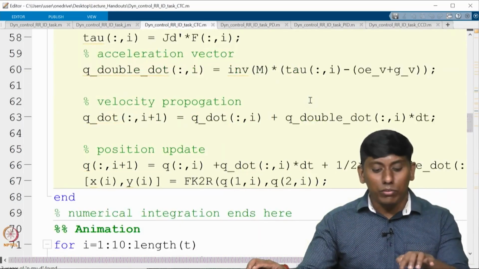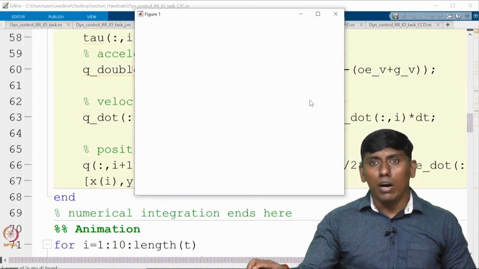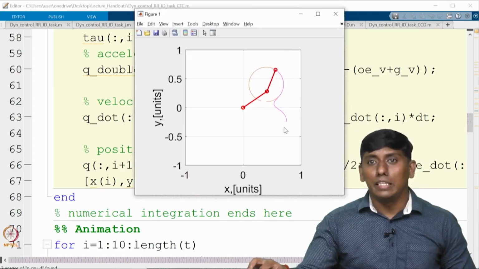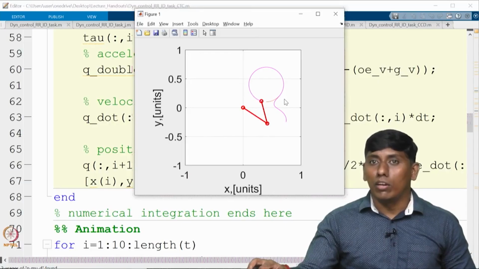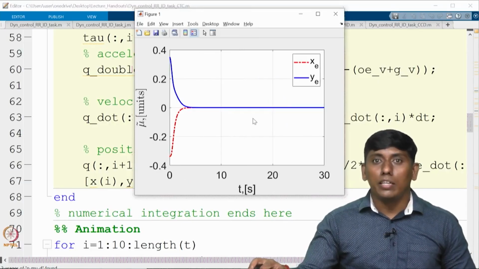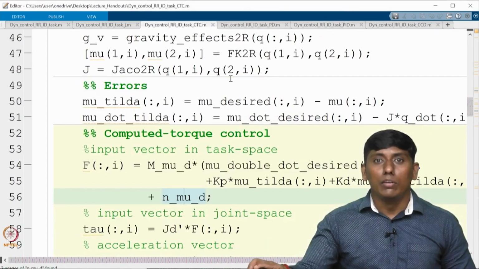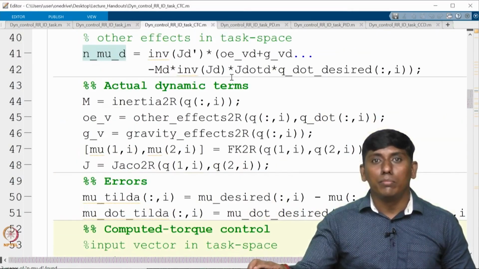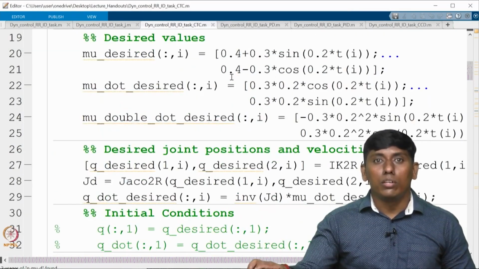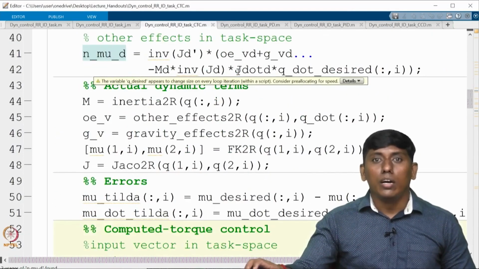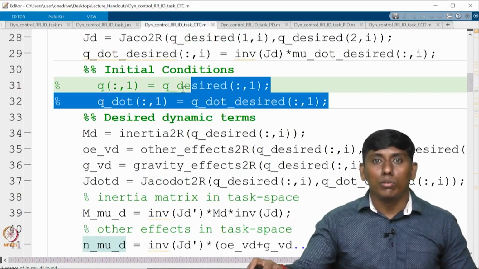Now we can see how this is beneficial. You can see it is starting from a different initial condition and it is following the desired trajectory. If you look at the error, it has converged to 0. It started with some non-zero initial error, and that has converged. Now if I include this, I am just saying that q dot and q at initial are both equal to 0.